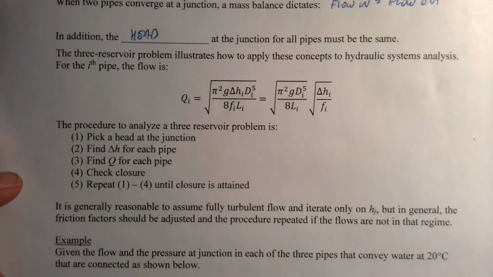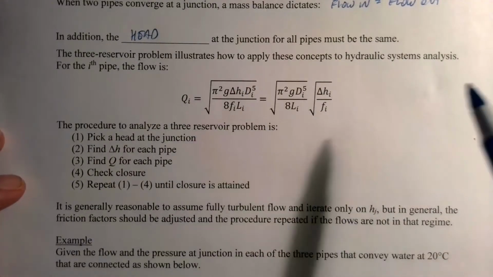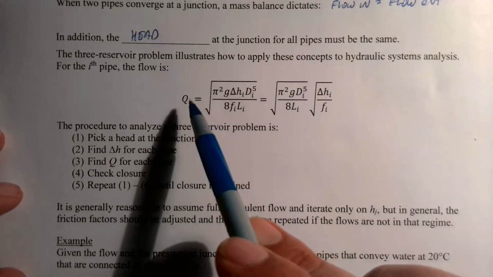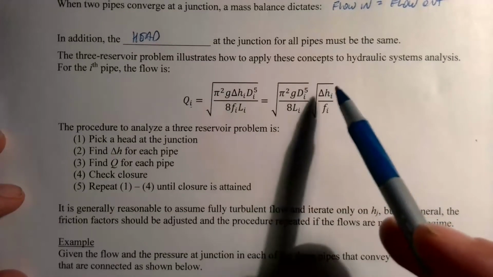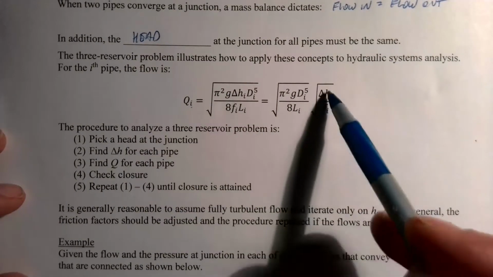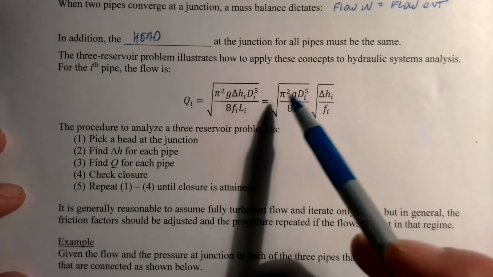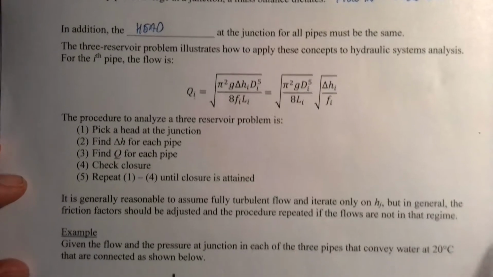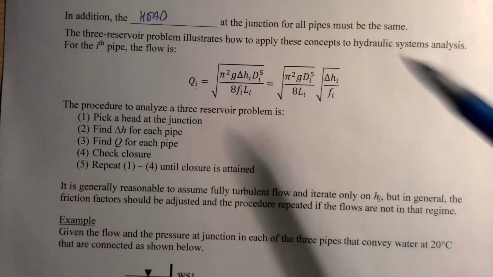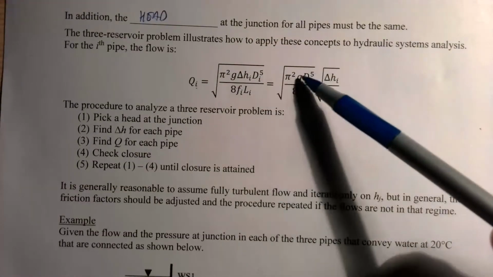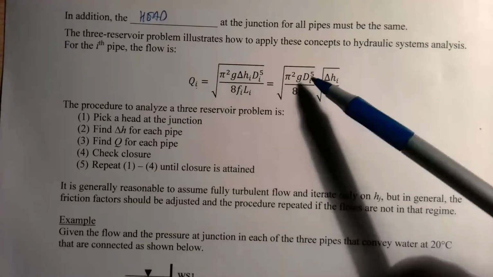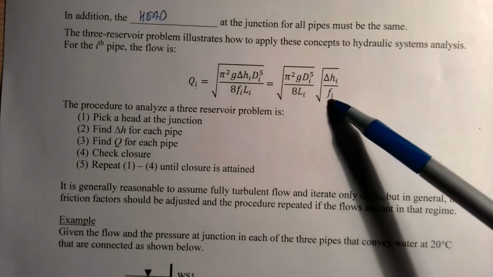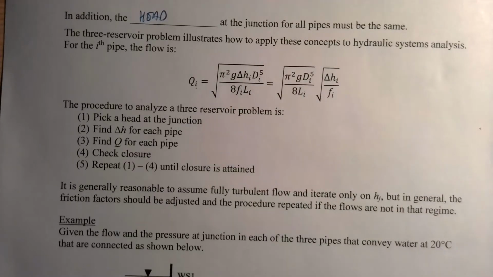And so each of the pipes is governed by the Darcy-Weisbach equation, which we can write this way if we want to calculate the flow as a function of the head loss, assuming we know the friction factor. And then these other things are values that we probably would know if we were analyzing a specific system where we were like, what's going to happen here for these three pipes where we know their diameter and length, but we don't necessarily know what their head loss is, their friction factors, or their flow rates.